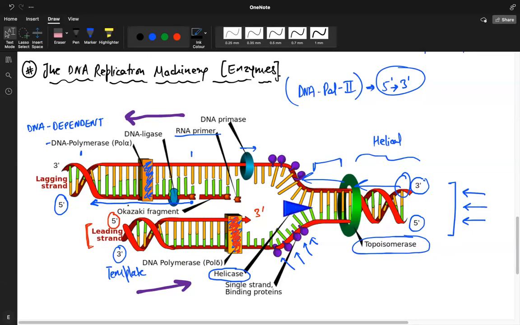As a consequence, one strand is replicated in a continuous manner.